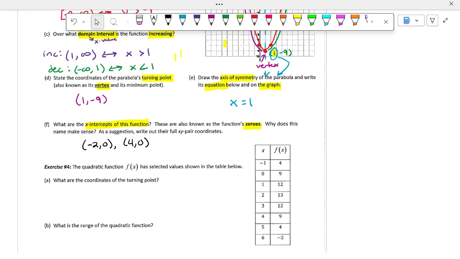The y values. So, because if we input a -2 or a 4 into our original function, our output would be 0. So we can call it zeros because our output, so remember that's just fancy for y value, is 0. Any questions on that?